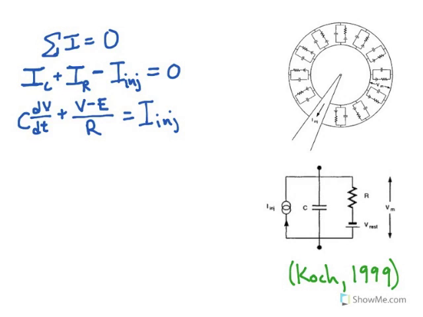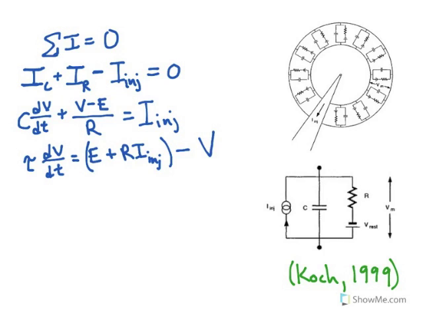So in this next step, I've just added what we already know. The capacitive current is given by this expression, which I've already shown in a previous video. The current across the resistor is given by this expression, and I've just brought the injected current over to this side. So now I've just simplified this a step further. As before in the previous video, tau is equal to R times C, and the only difference from this and the previous video is that VSS has changed, which makes sense.